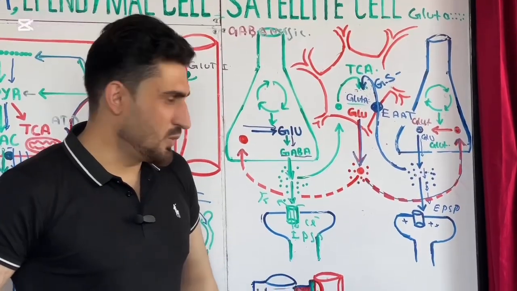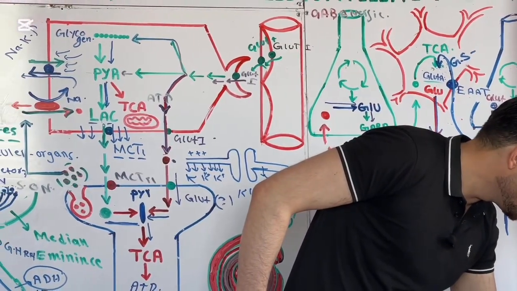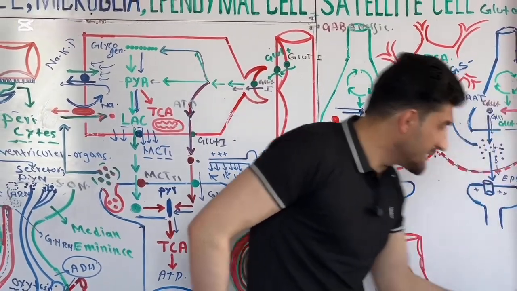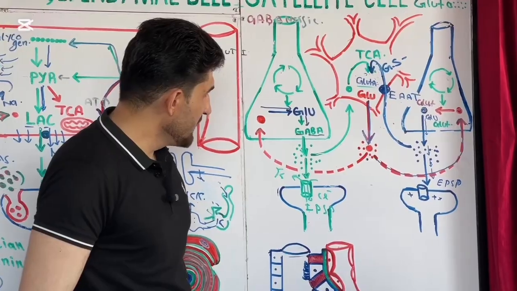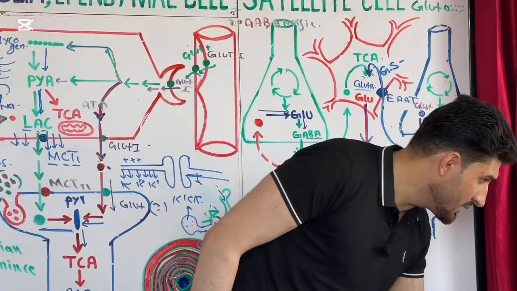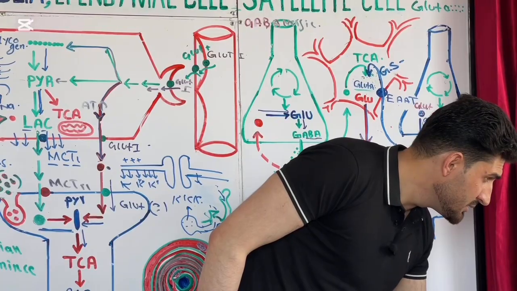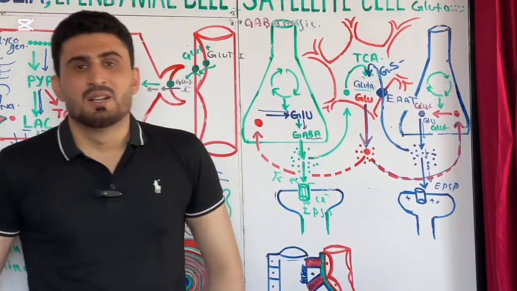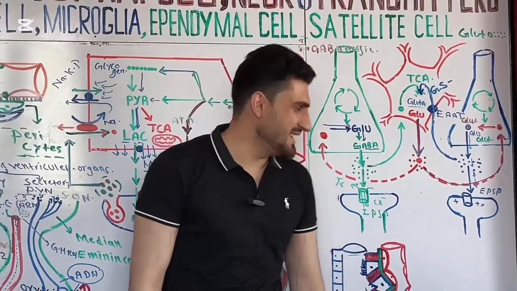Here this glutamate is converted to GABA; the enzyme here is glutamate decarboxylase. So that was another function of these cells.